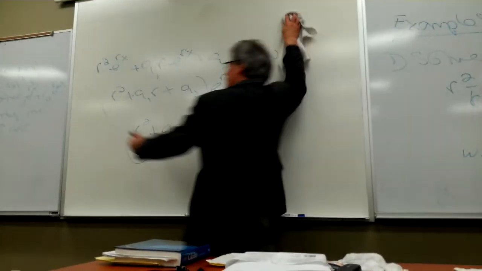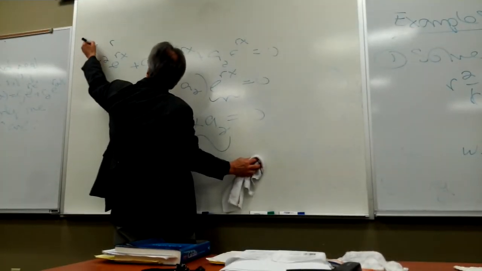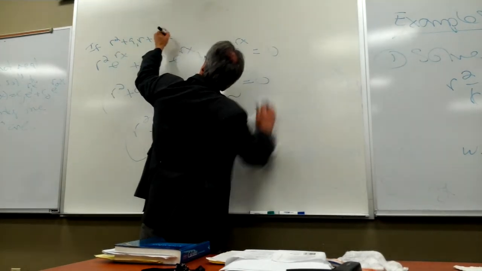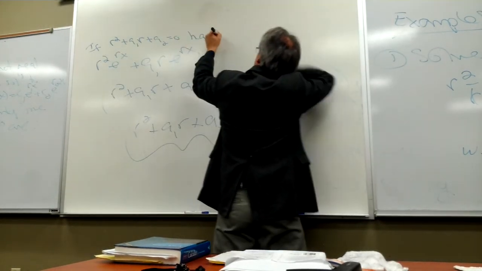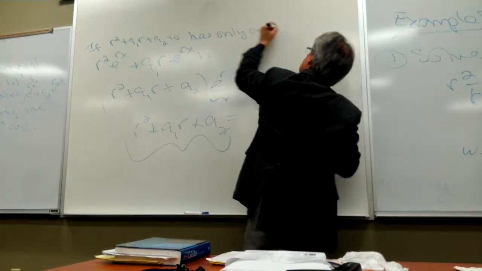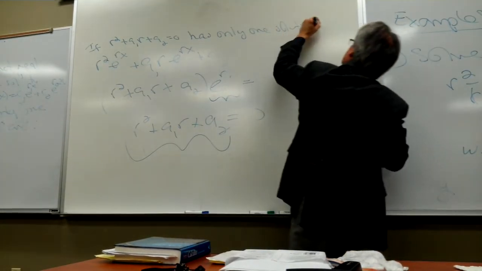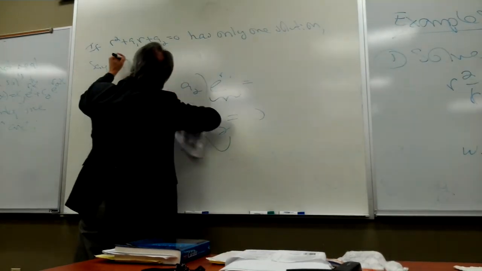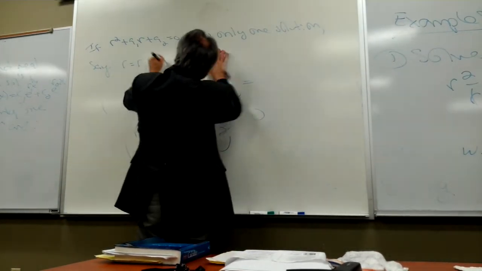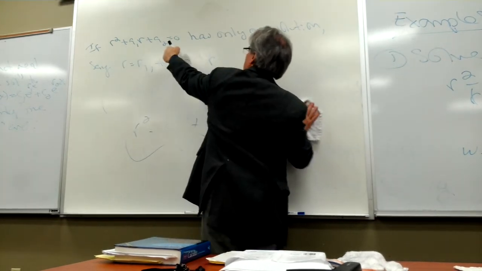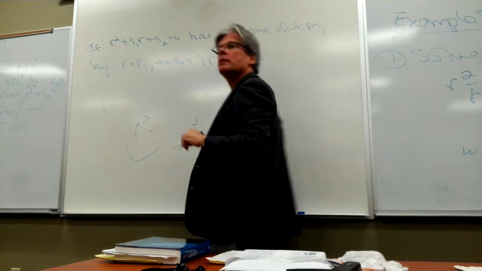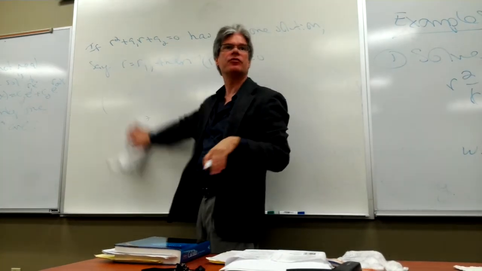You got it? So you guys, if this characteristic equation right here has only one solution, say R equals R1, then doesn't that really mean that that particular equation looks like this? I'm just speaking math DE language.